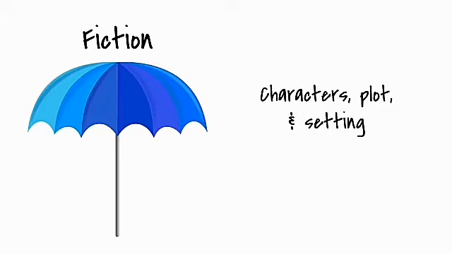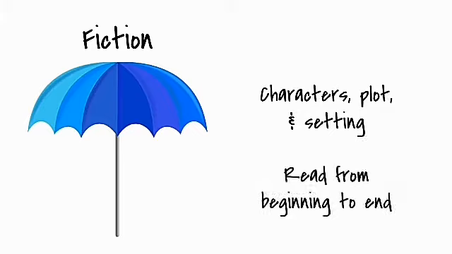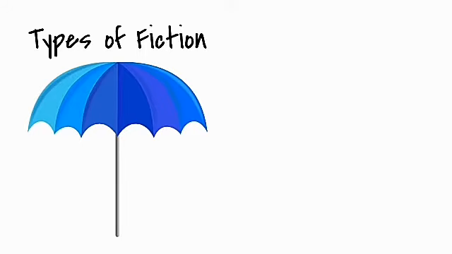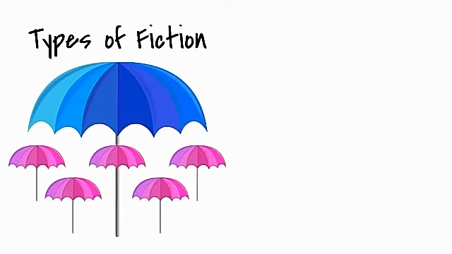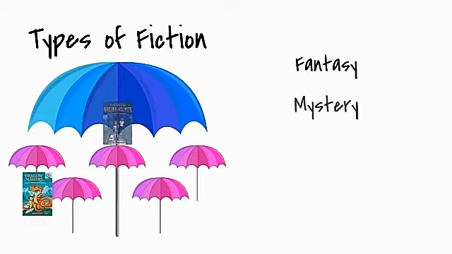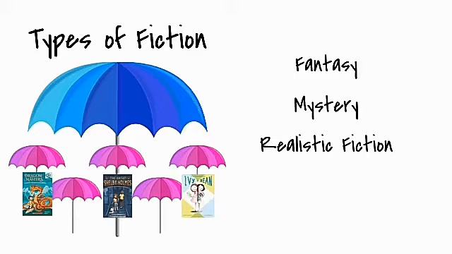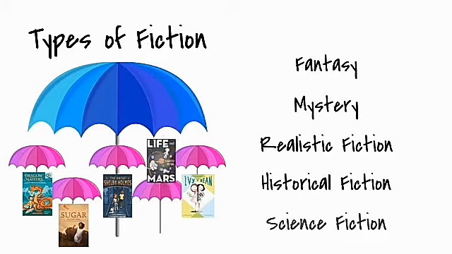Fiction books have important story elements, like characters, plot, and setting. We read fiction books in order from beginning to end so that we can understand the story. Since fiction books don't have to be completely true, authors have a lot of freedom to use their imagination. Because of this, there are many different types of stories under the fiction umbrella. Some of the types of fiction are fantasy, mystery, realistic fiction, historical fiction, and science fiction.